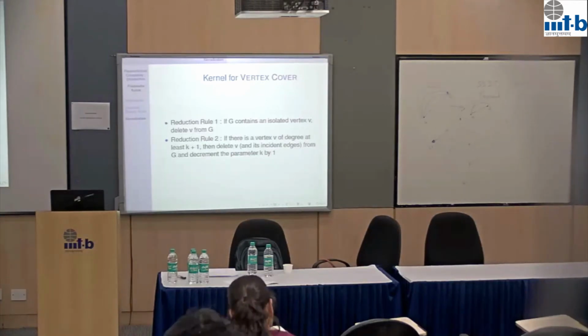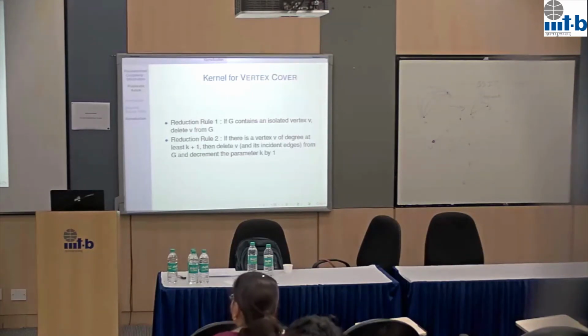Now, assume this reduced graph has a vertex cover of size k. So now every vertex in the vertex cover, how many edges can it cover? What is the maximum degree? K, right? So every vertex can cover at most k edges.